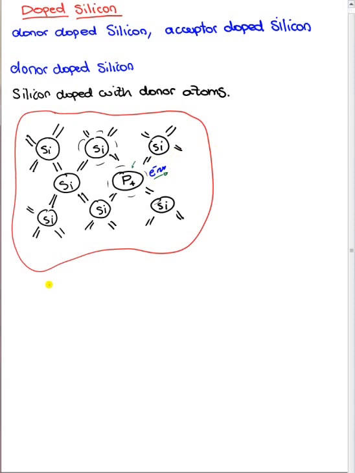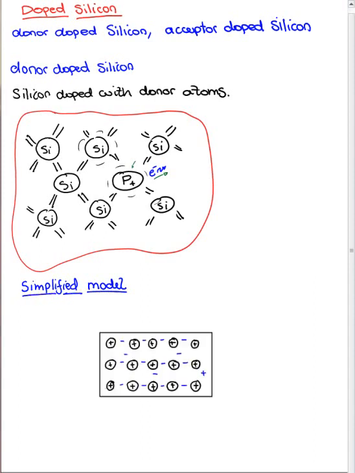And so to just focus on those two things, we use a different model, very similar, and it is the following. So this is the simplified model for N-type silicon, alright?